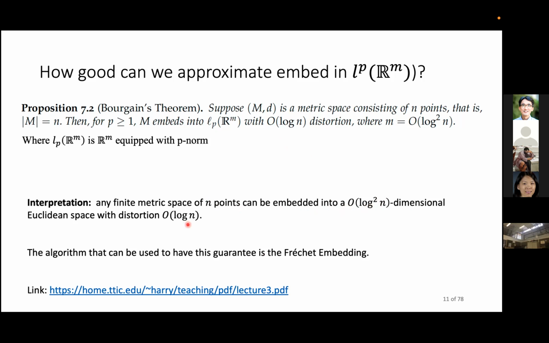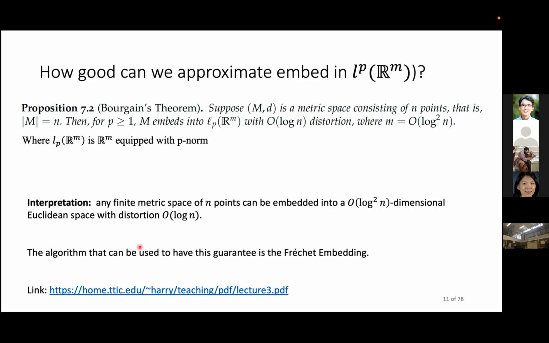So it's not too bad because it's on a log scale. This theorem is proved using a construct called the Fréchet embedding and other probabilistic techniques, which are not gone over in detail in either the lecture or the notes.